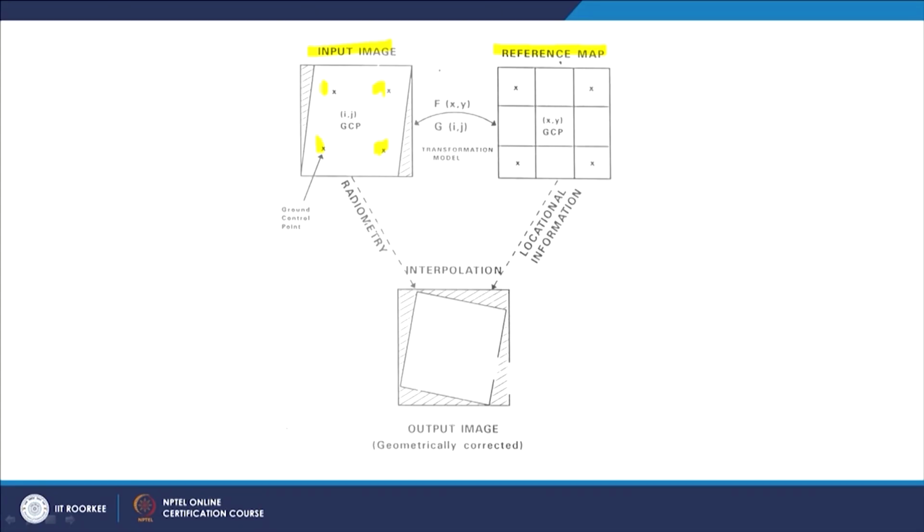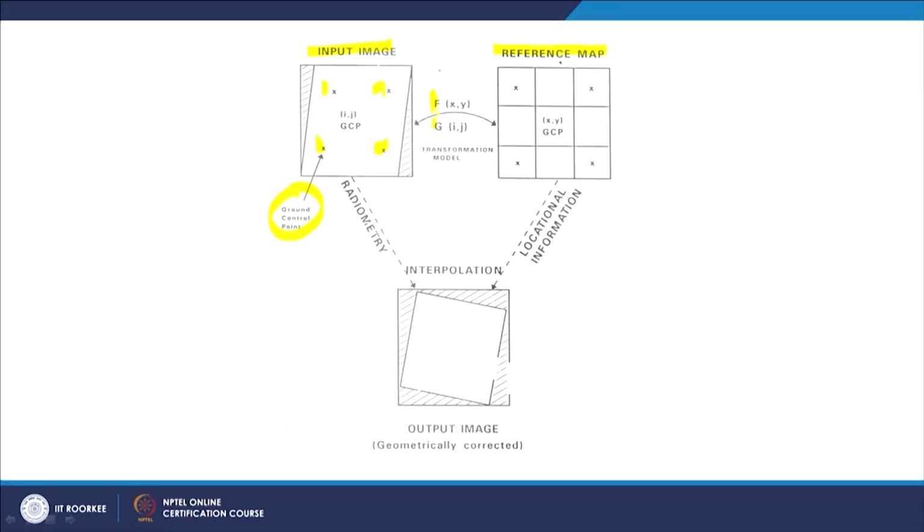GCPs are shown in the form of crosses, and these we call ground control points. Now, polynomial transformation functions are there which we find through least squares coefficients, using common ground control points.